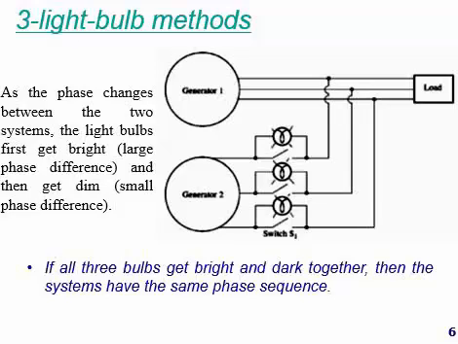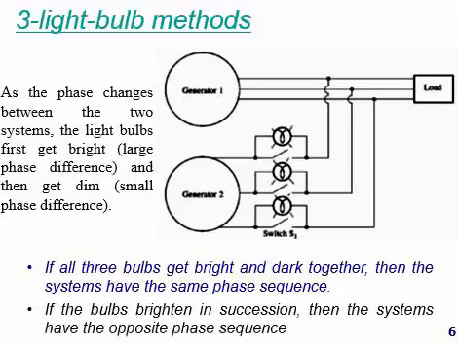If all three bulbs get bright and dark together, then the systems have the same phase sequence. But if the bulbs brighten in succession, then the systems have the opposite phase sequence.